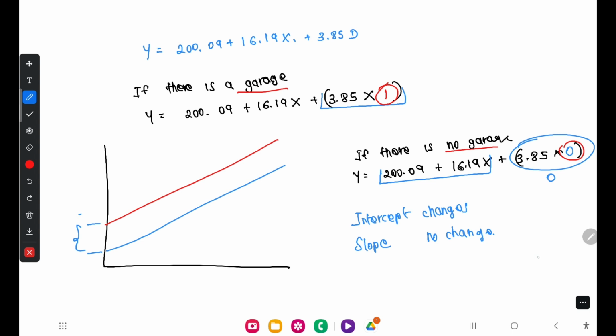Okay, so y is equal to 200.09 plus 16.19x plus 3.85, and d is 1 when there is a garage, so I'm going to put g over here, so it is easily identifiable now.